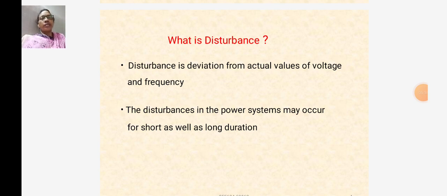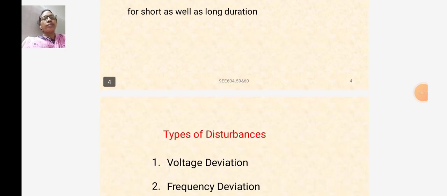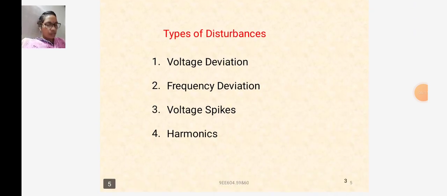The disturbance is a deviation from actual value of voltage and frequency. The disturbances in the power systems may occur for short as well as long duration.